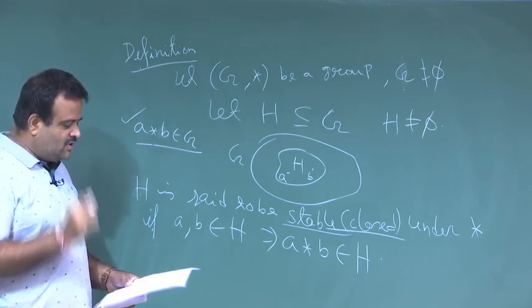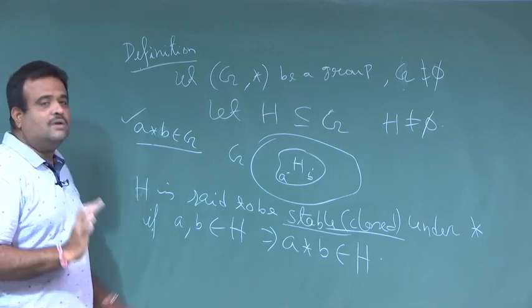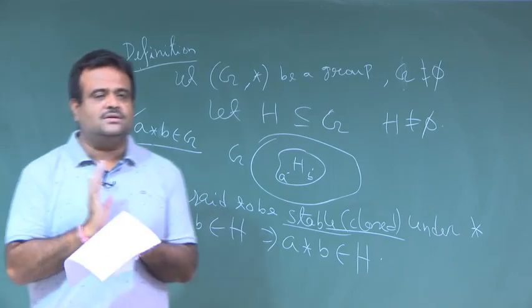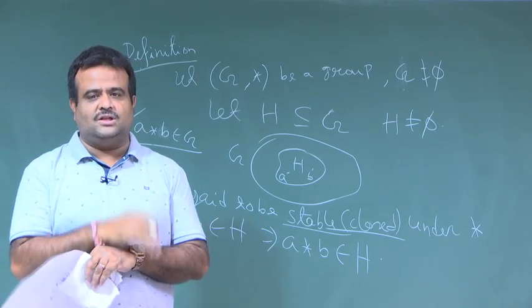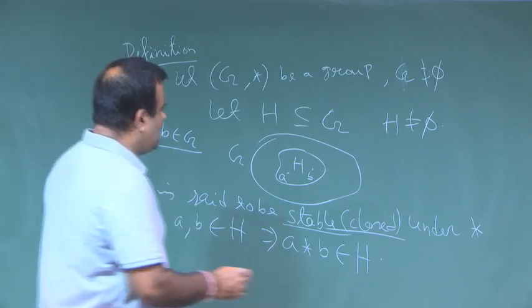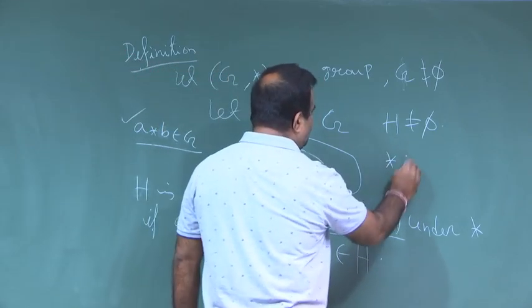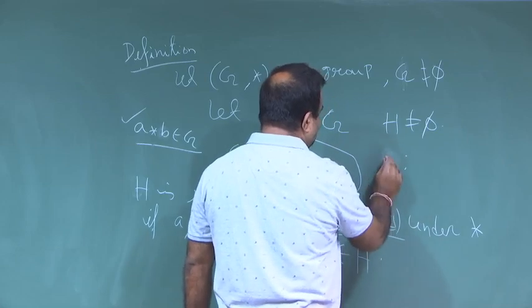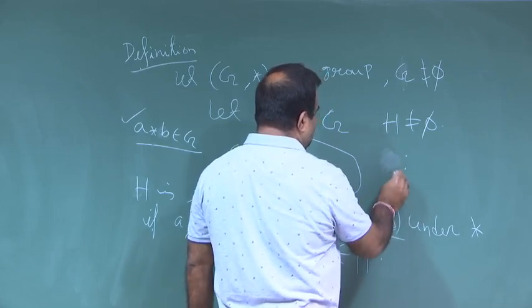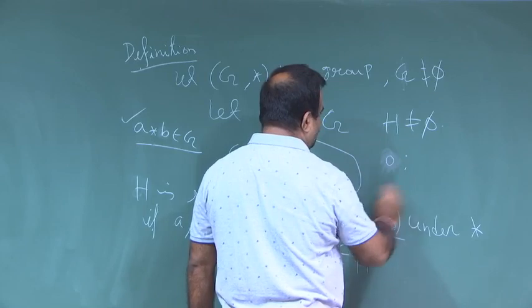And if this is closed under star, then we restrict our operator star on H only. If we think we are operating this star on H only, then we can have another operator, some different operator.